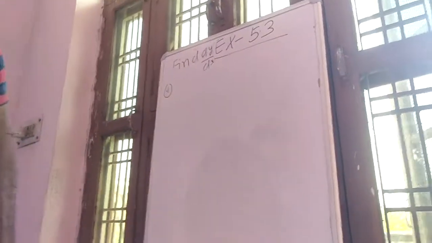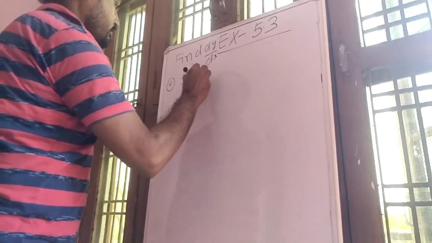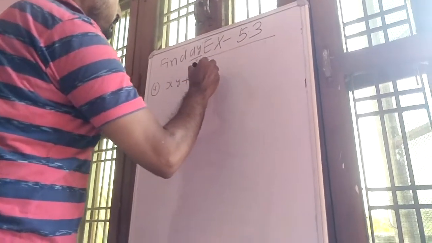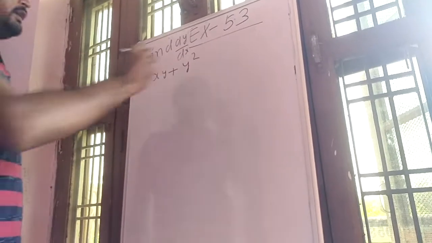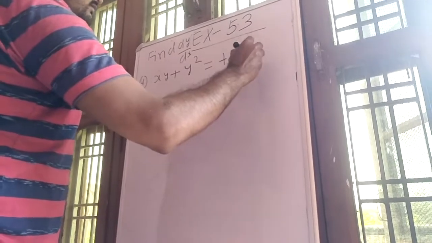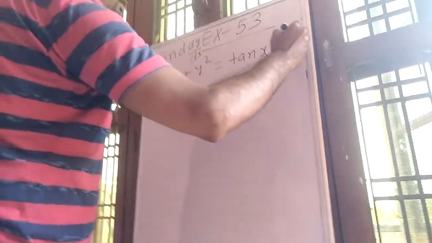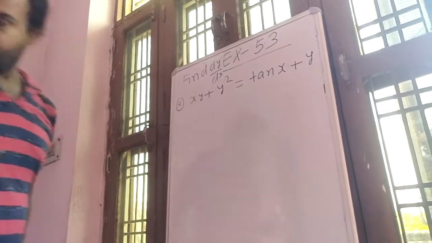Fourth number question we have to write. Fourth number question: xy + y². We have to write it clearly from the book: xy + y² = tan(x + y). This is the question. Okay, first of all, we have to differentiate.